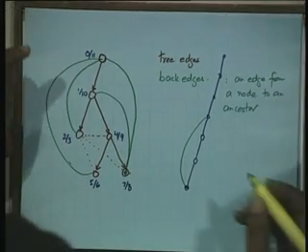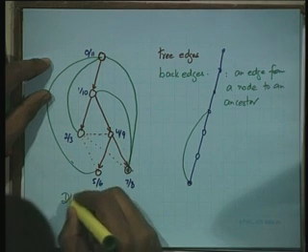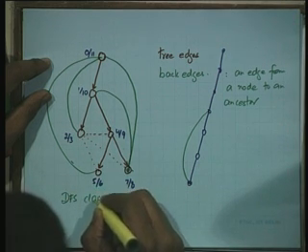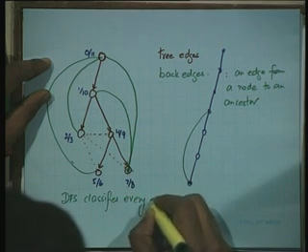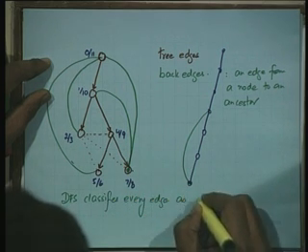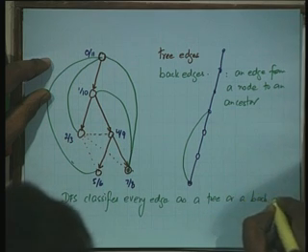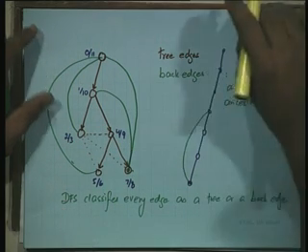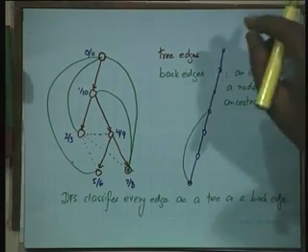Right. So, let me write this down. DFS classifies every edge as a tree or a back edge. This is similar to breadth first search.